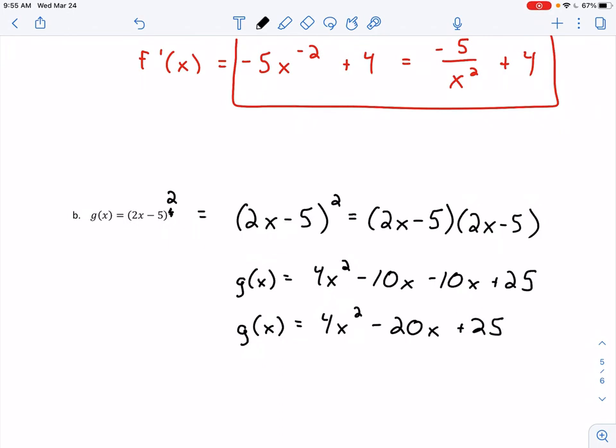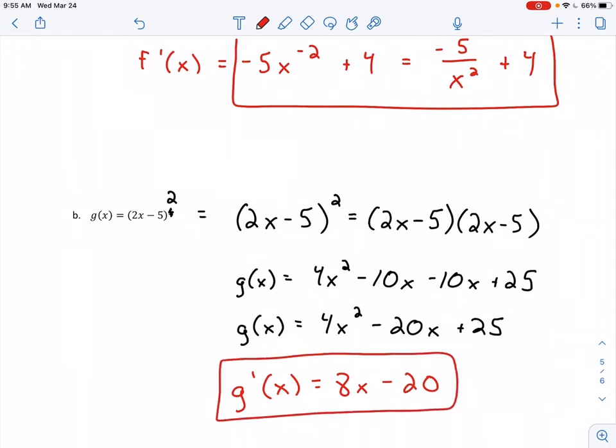And now we've rewritten this so that it's a polynomial. It looks a lot like the functions that we were taking the derivative of in the last video. So we can go ahead and use our power rule. So g prime of x here is 8x minus 20. No more rewriting necessary after that. That is simply our derivative.